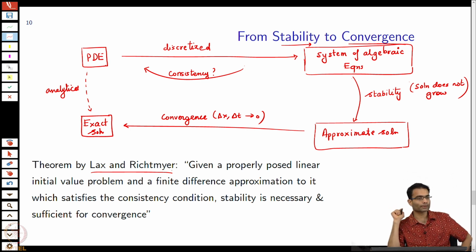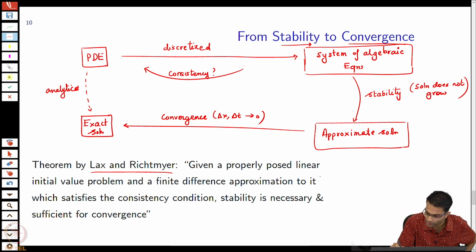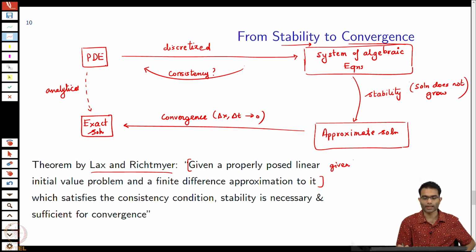Given a properly posed linear initial value problem and a finite difference approximation to it, which also satisfies the consistency equations, then if you can give me stability, stability is necessary and sufficient for convergence.